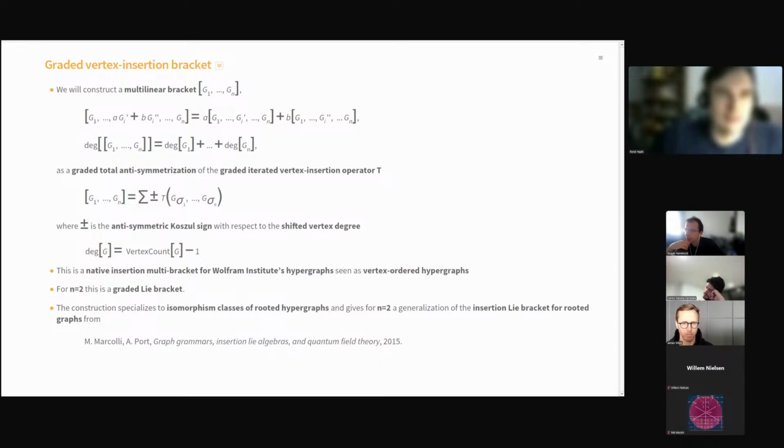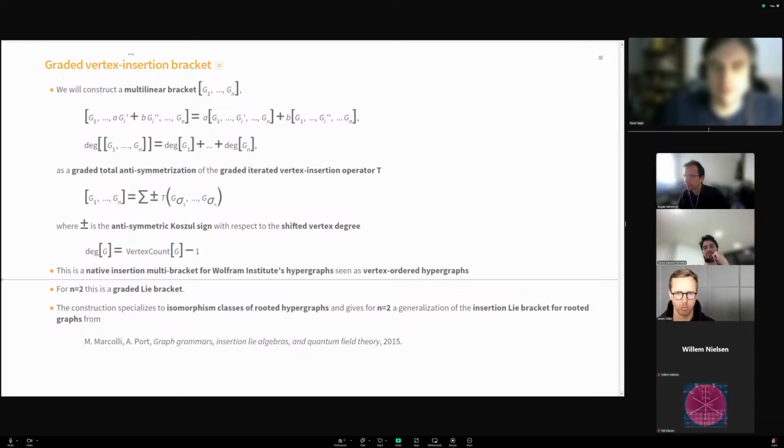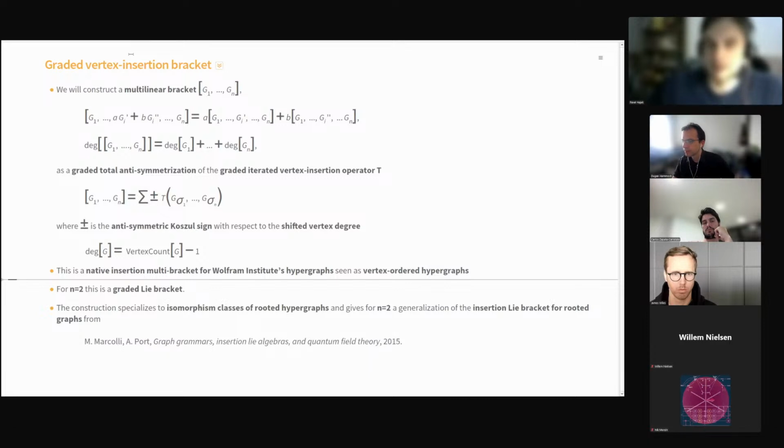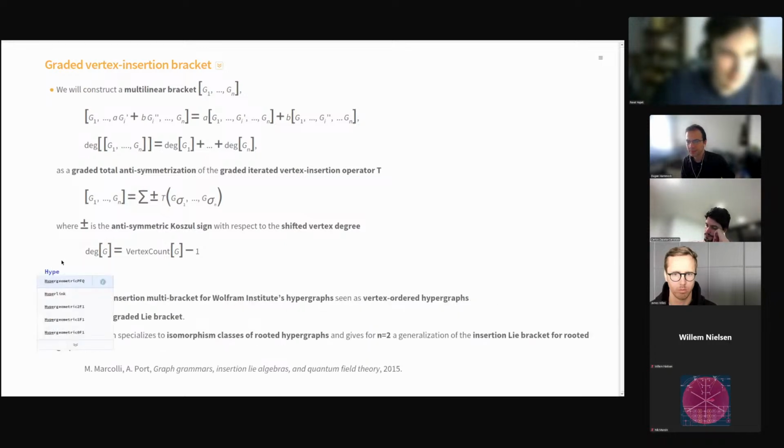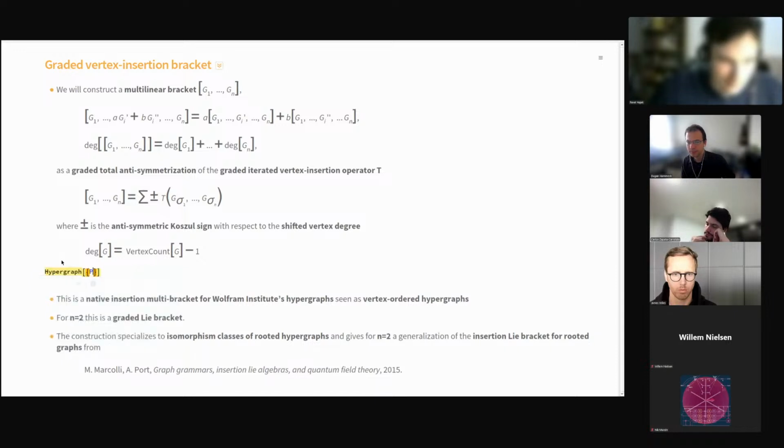Can you elaborate somewhat on what rooted means in this context? Rooted means that you have one chosen vertex in the hypergraph. We will see the examples later. I hope I already initialized everything. I can define some hypergraph here, 1, 2, 3, and I can make the root red, and I can also label the vertices.